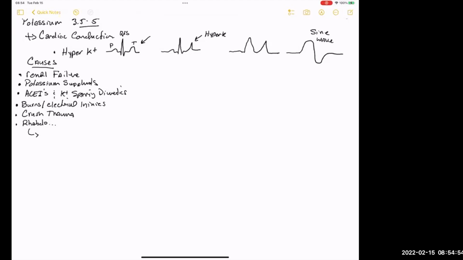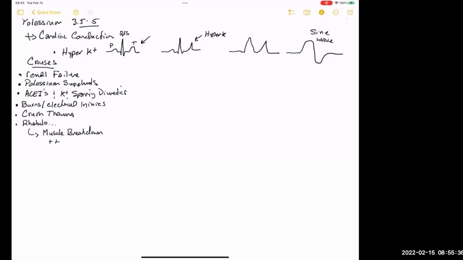What is rhabdo? It's pretty common. Buildup of lactic acid. Well, say that again. It's whenever your body starts to break down and digest muscle. Specifically, yeah, it's any condition that causes muscle breakdown. If you have large amounts of muscle breakdown, and there are actually several things that can cause rhabdomyolysis.